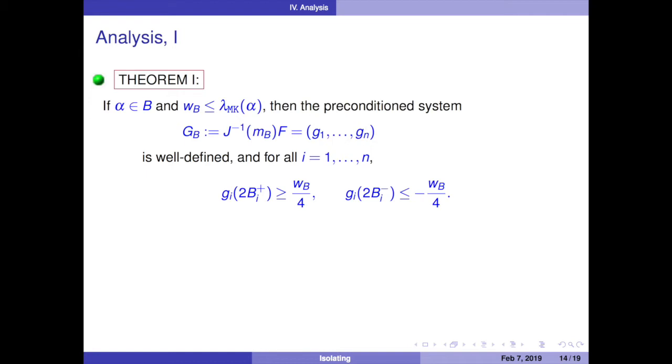And the first theorem says that, well, if you have a box B that contains this simple root, and if the width is small enough, then the preconditioned system is actually well defined.